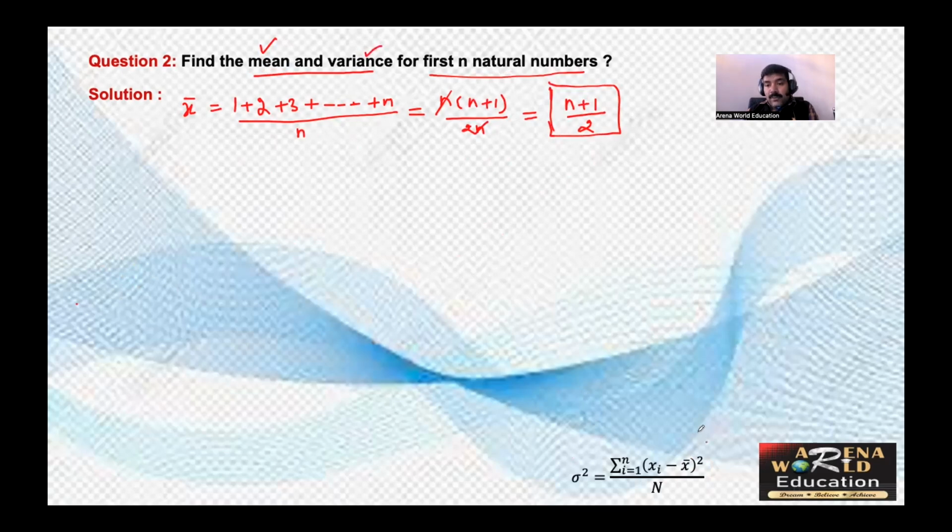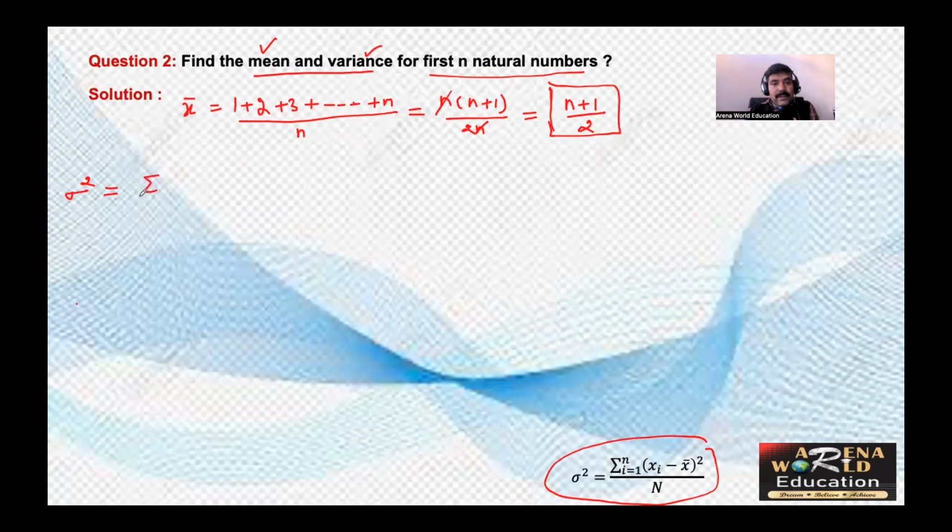So this is the formula. I have already written this formula. To find variance, we need xi minus x bar, right? So now let us substitute n plus 1 divided by 2 in place of x bar. So this variance will be what?